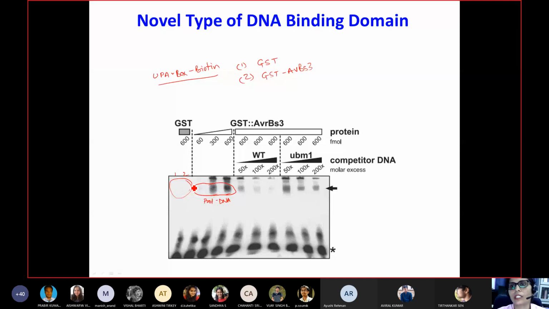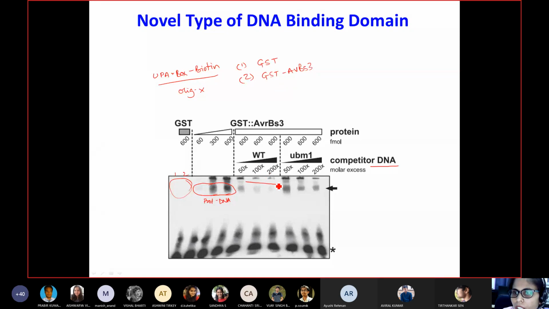And as I mentioned earlier, in this kind of assay you can also do competitions. Basically, this is the competitor DNA. What they used as a competitor here is the same UPA oligonucleotide, which was not labeled with biotin, so there is no labeling. When you incubate with such an oligonucleotide, you see a decrease in the labeling pattern.